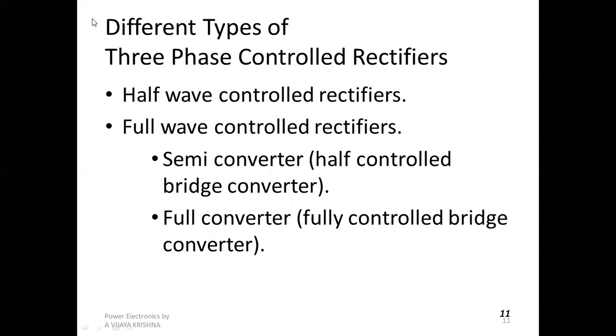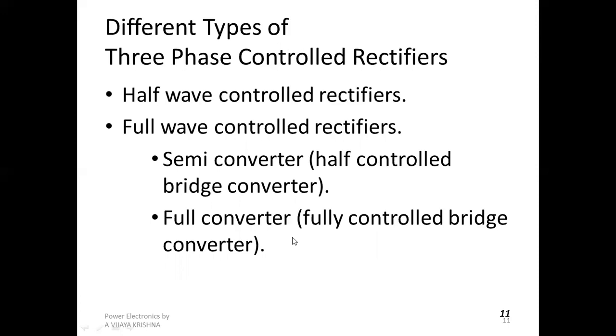Coming to three phase, the different types of three phase control rectifiers are the half wave control rectifier, full wave control rectifier, semi converter or half controlled bridge converter, and full converter or fully controlled bridge converter. These are the different types of converters under the three phase controlled category. Mostly, industrial applications run with a three phase supply only.